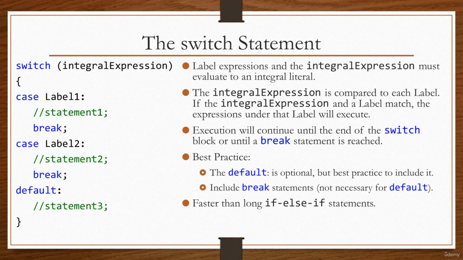Once execution starts where you have that match, let's say label 2, execution will start with that statement, and then it will continue until the end of the switch block or until a break statement is reached. It's important with the switch statement to add these break statements.